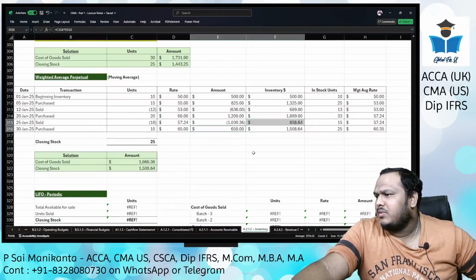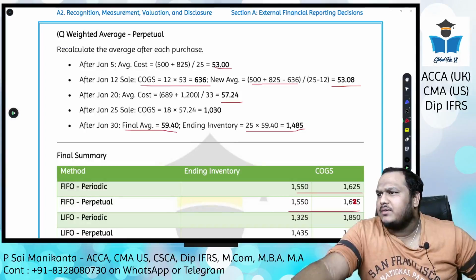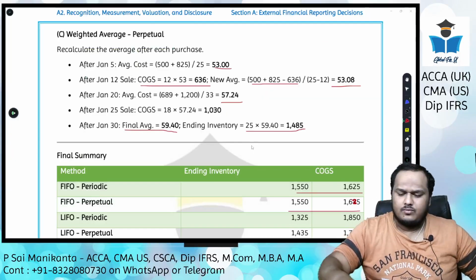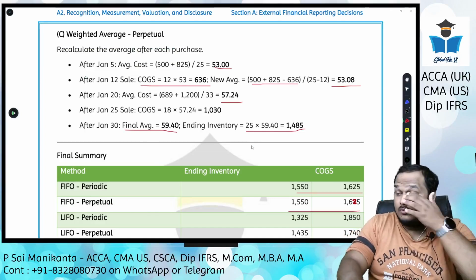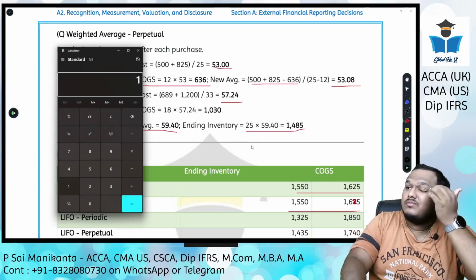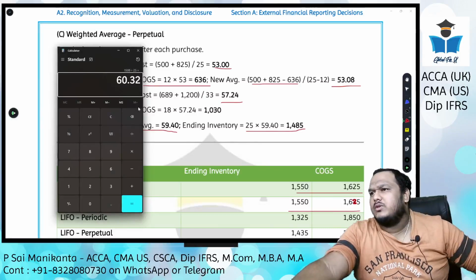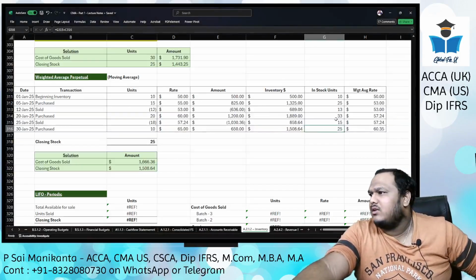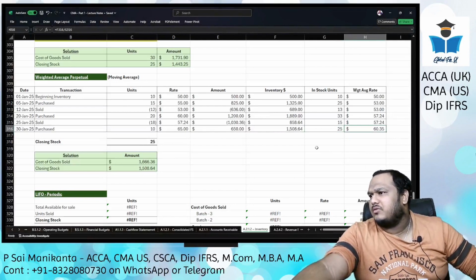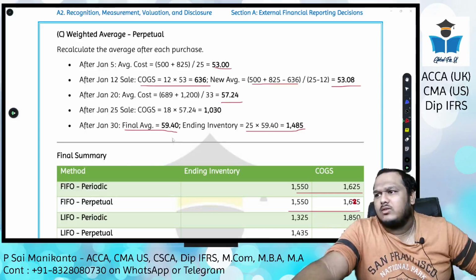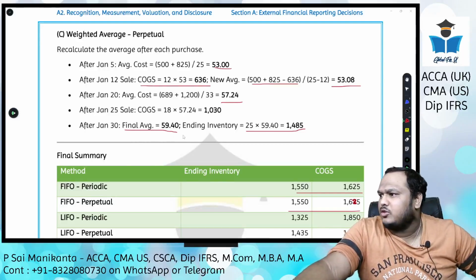It's 58 plus 650, 1508. 1508 divided by 25, 60.32. How much did we get in the Excel? 60.35. Close enough. So that is okay. Definitely some rounding off issue only.